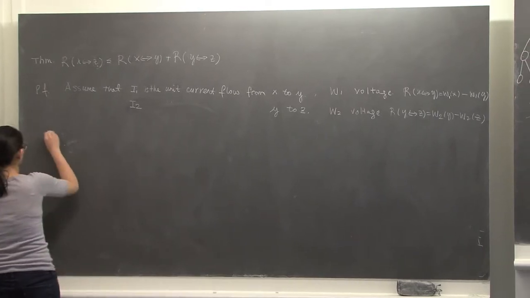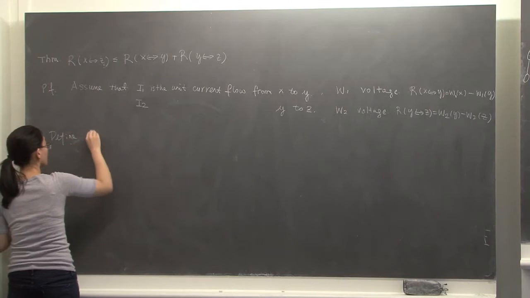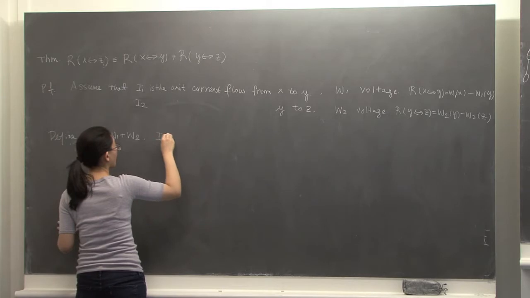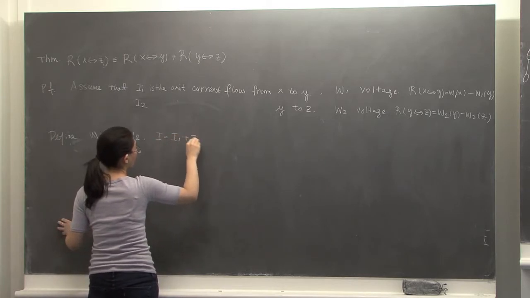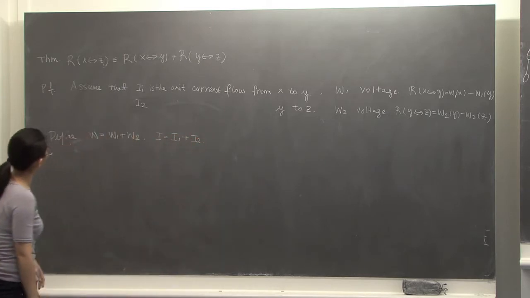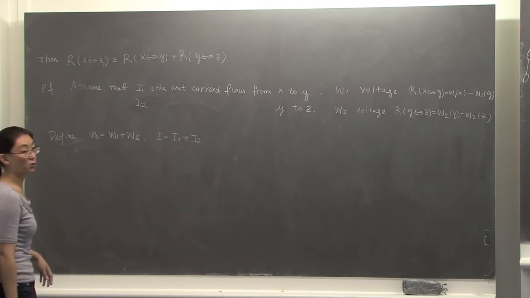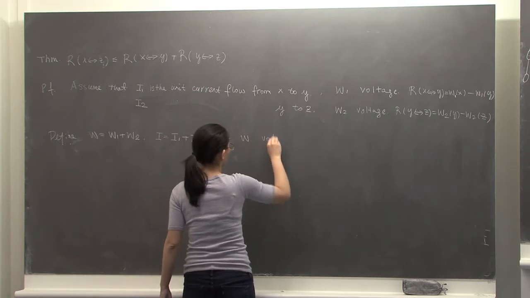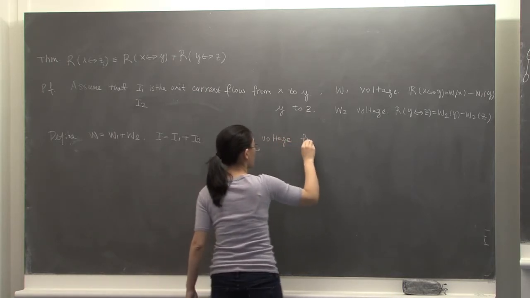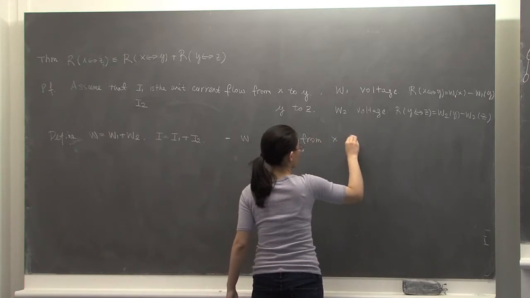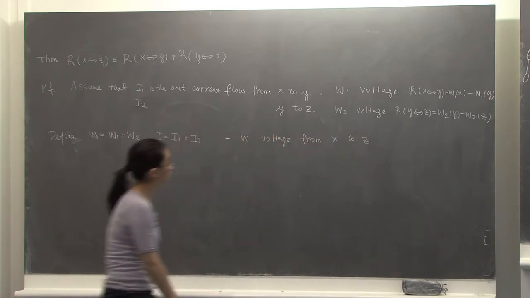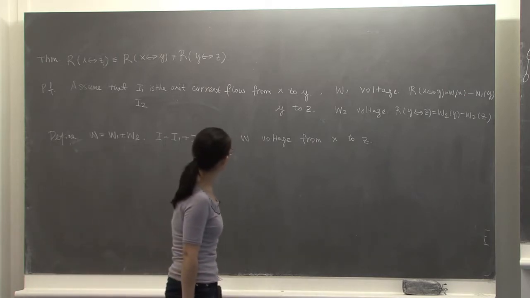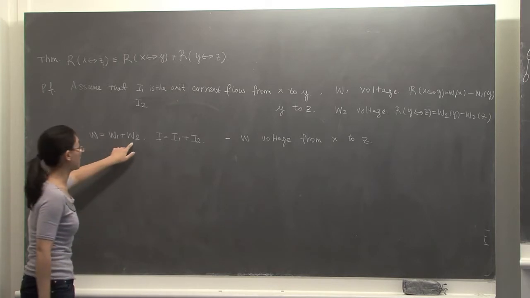So now we define W to be the sum of the two, and I is also the sum of the two. First, we can check that W is a voltage from X to Z. Why is this true? W is the sum of W1 and W2.